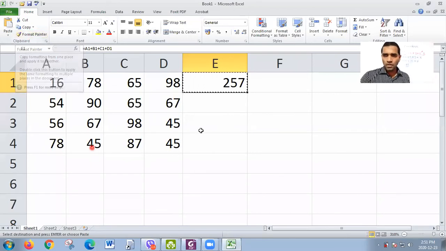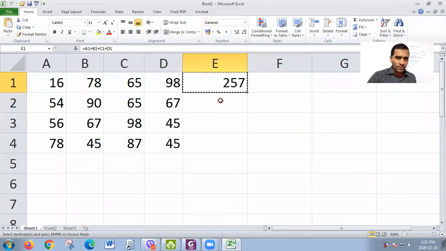Okay, the next one. Now the formula is copied. So you need to paste that formula in E2, E3, E4. Listen carefully, right? It may be a little tough to select every cell one by one for pasting. You can select E2 and paste, E3 paste, E4, but it takes time.